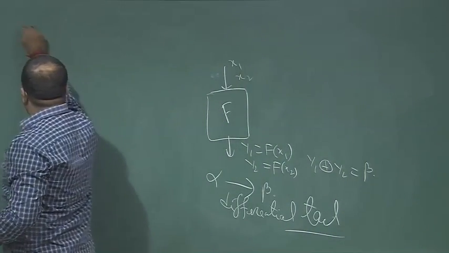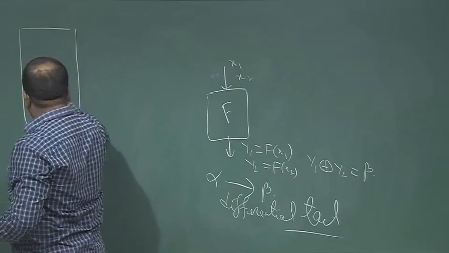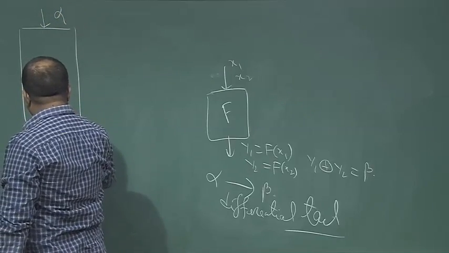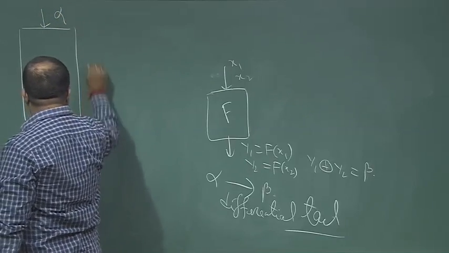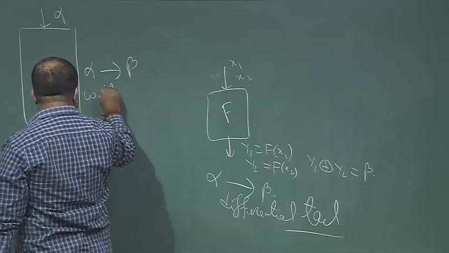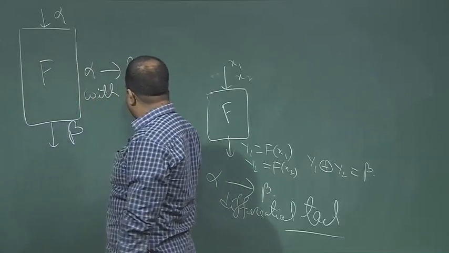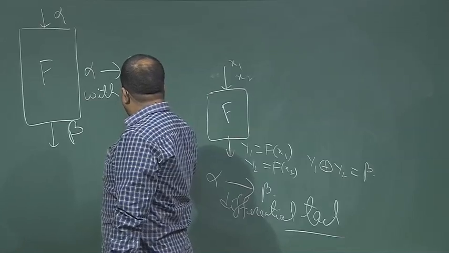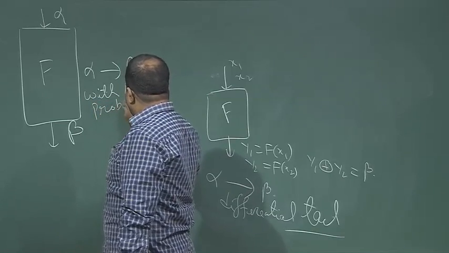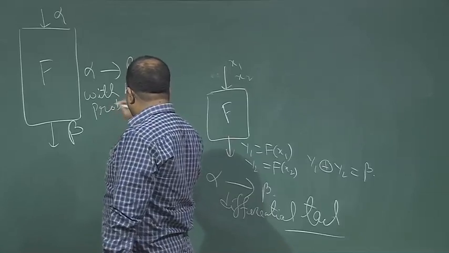So for this f, if the input difference is alpha, then the output difference will be beta with high probability. How to get this? We will come to an example. High probability means greater than half. This is a probabilistic attack.